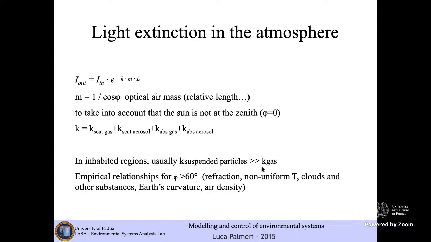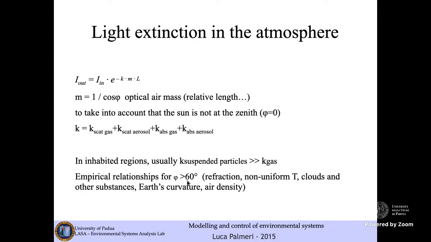We have empirical relationships for latitudes larger than 60 degrees. So we are talking about polar latitudes.